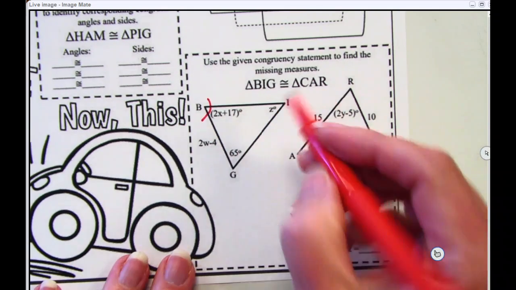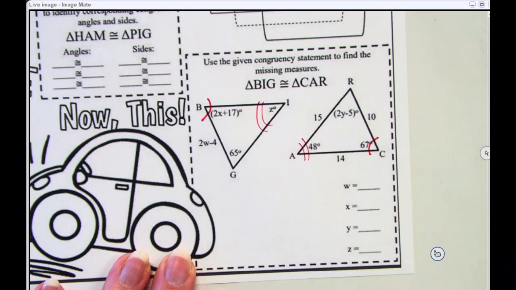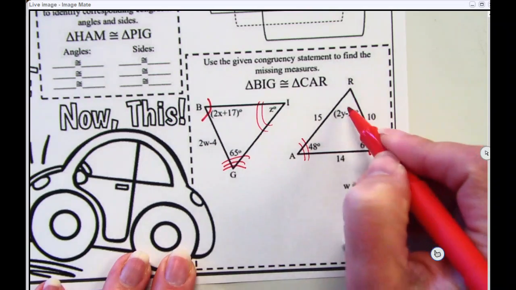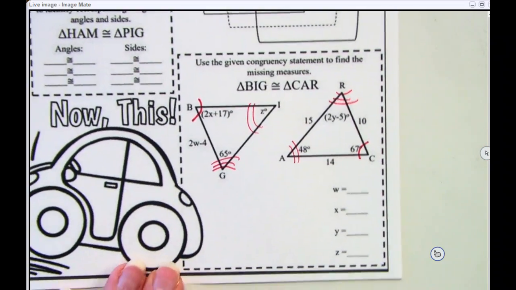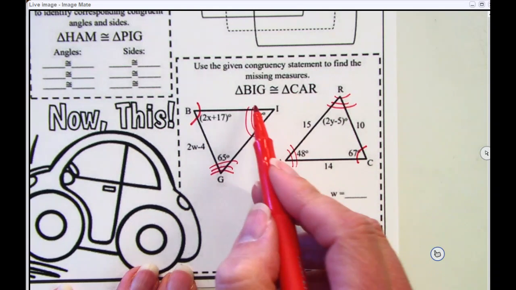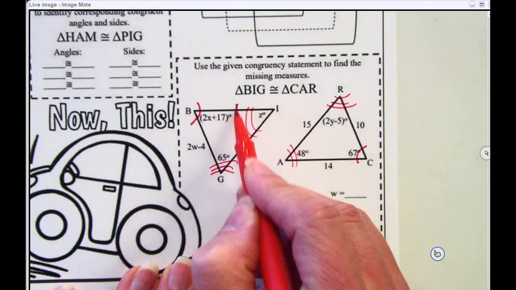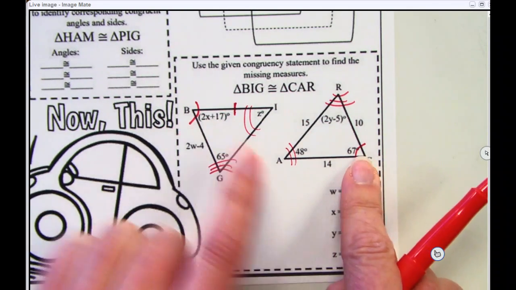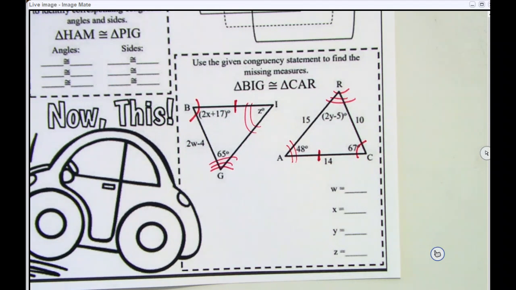A. So I'll say I goes with A, and then G goes with R. I could also take that further. BI, so I went from 1 arc to 2. So 1 arc to 2. That side's congruent.